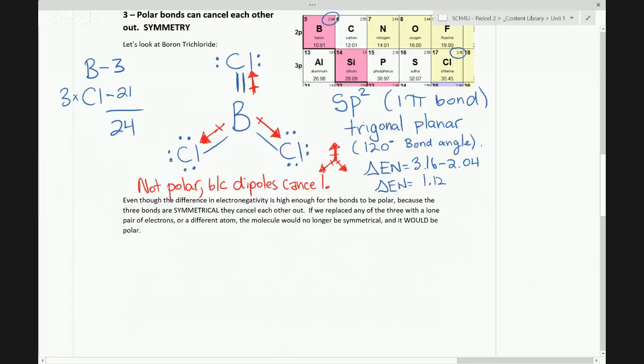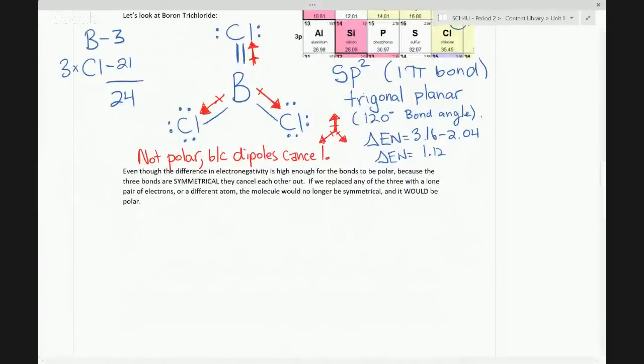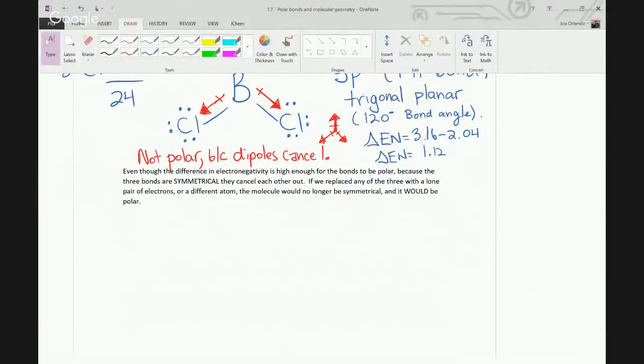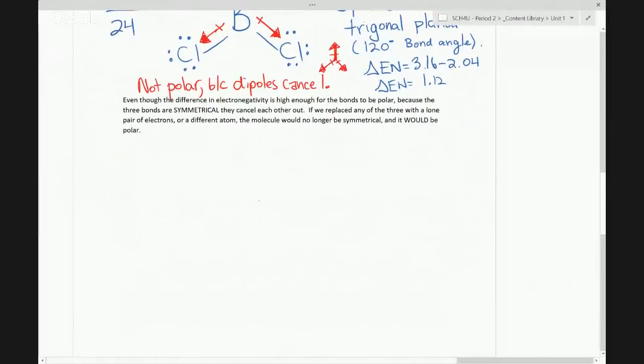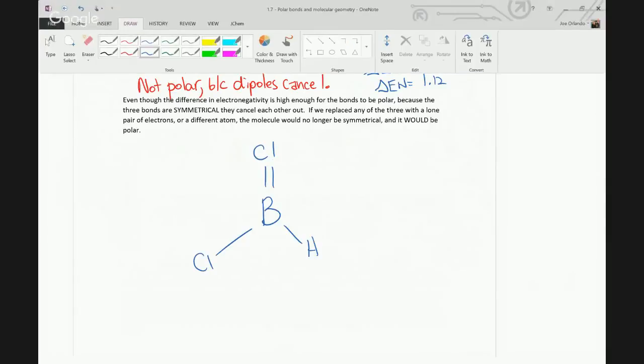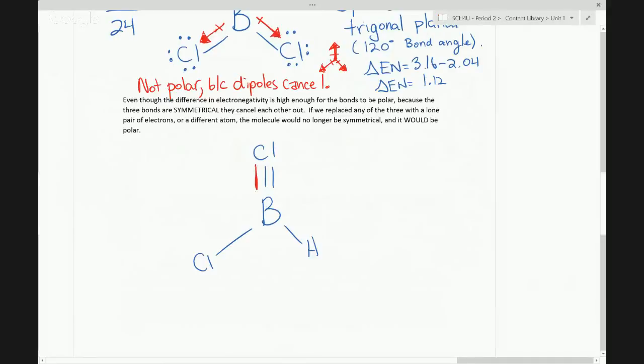And so if we were to redraw this whole thing, but replace one of those chlorines with something much closer to boron's electronegativity, say a hydrogen, we would end up with a different situation. If I had boron bound now to hydrogen, chlorine, and chlorine, we would say that there's a dipole here and a dipole here, but no dipole here.